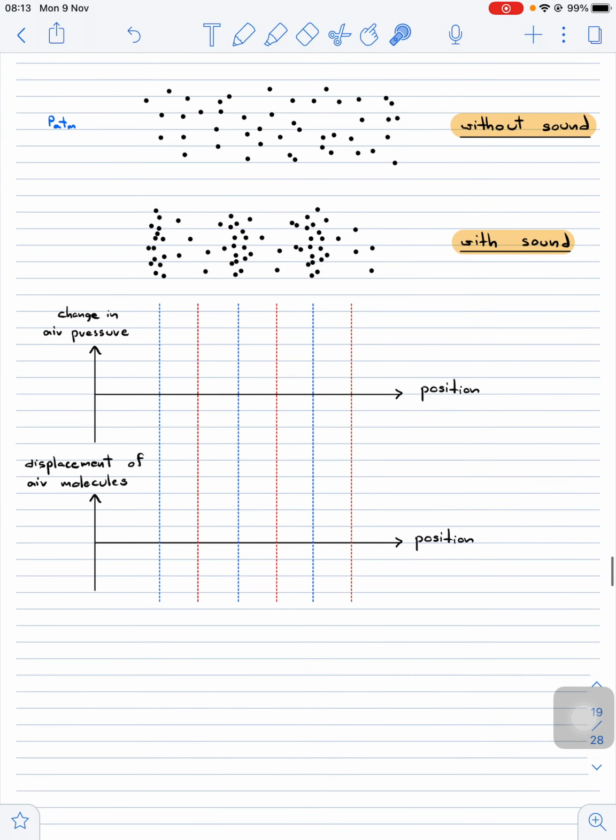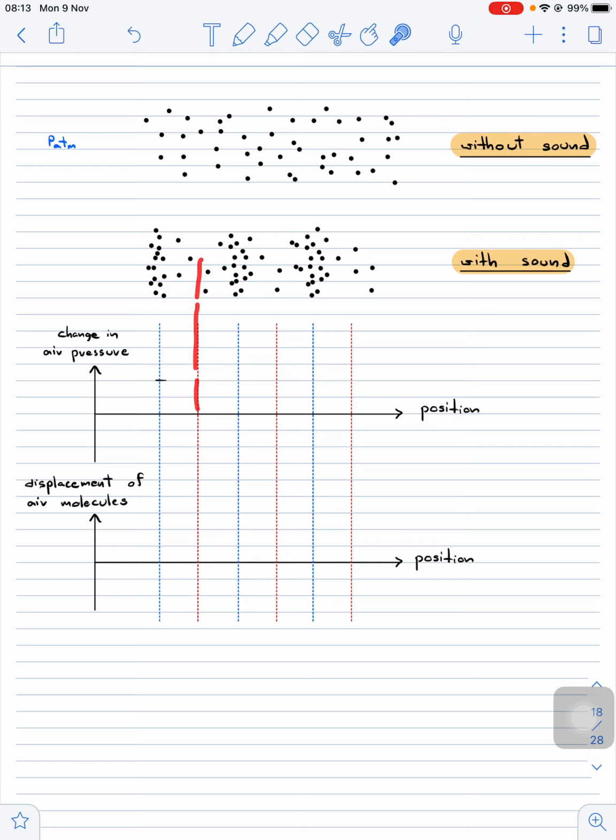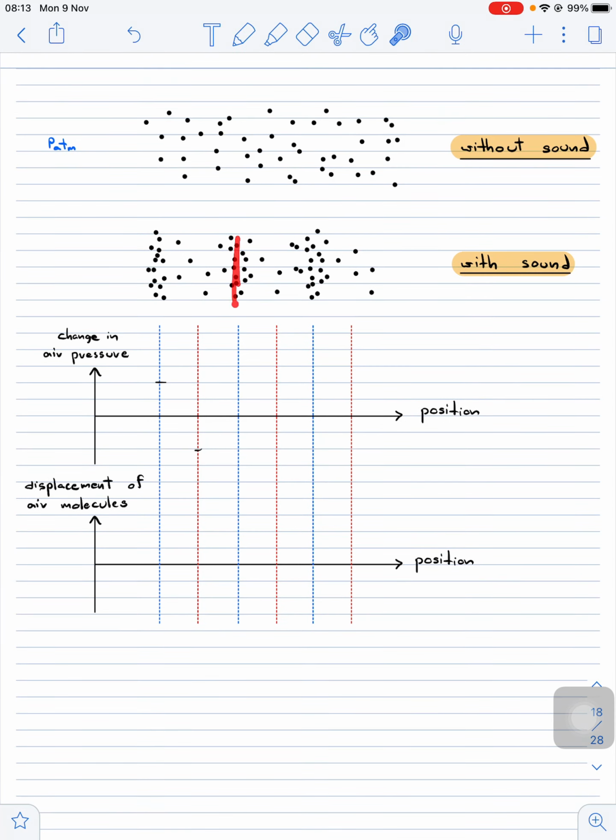Now for this part, we said that the pressure is increased, so it's going to be the top, the crest, and then in this part the pressure decreased, so it's going to be the trough, and just come back to here. Then the pressure increased, it's going to be the crest, and so on.